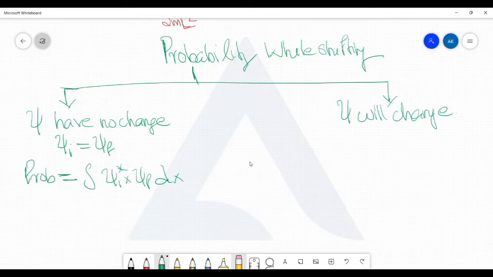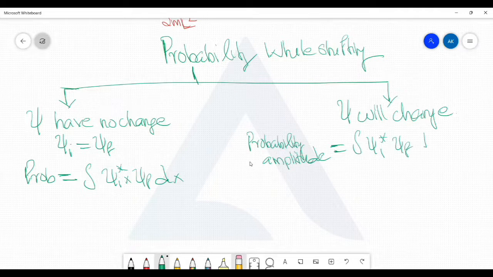Okay, then we are not getting the probability. We are getting probability amplitude, that is psi initial star psi final dx.